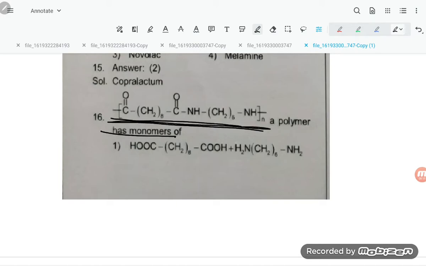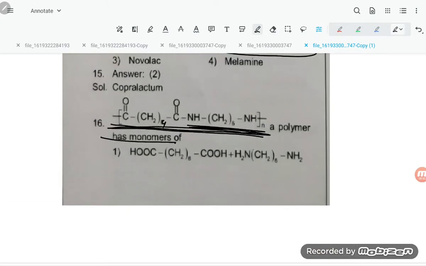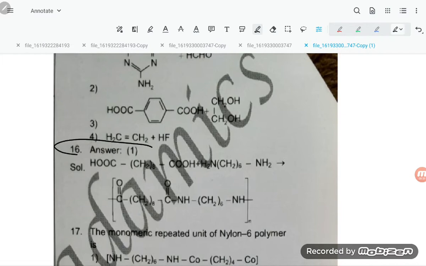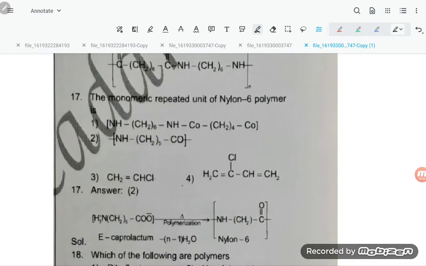So here is 6, hexamethylene diamine is there, students, and that is adipic acid. This is CH4, or it is given CH8. So option number A itself is correct, student.